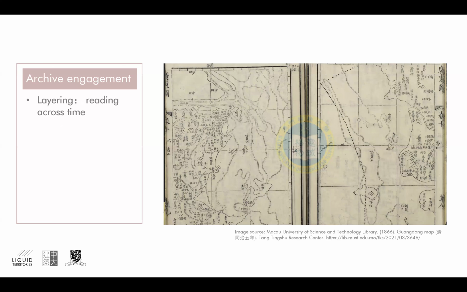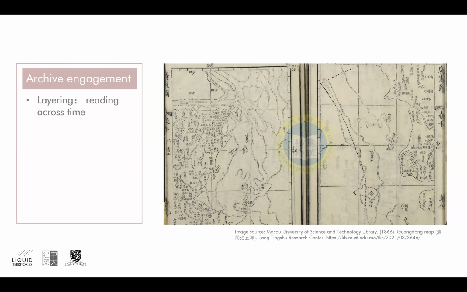So the second way is layering. This is quite helpful with maps, as urban research and design students. Layering means overlaying. It can mean overlaying historical and modern maps.